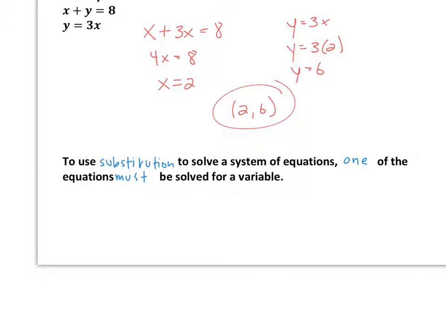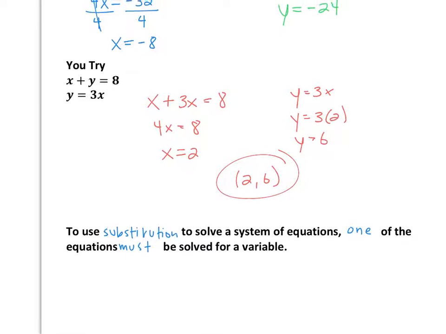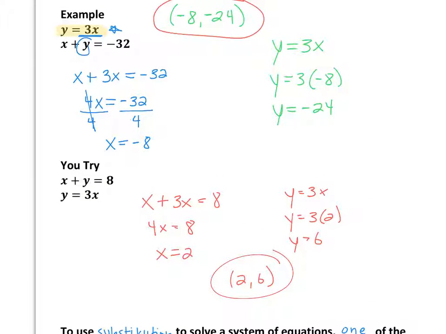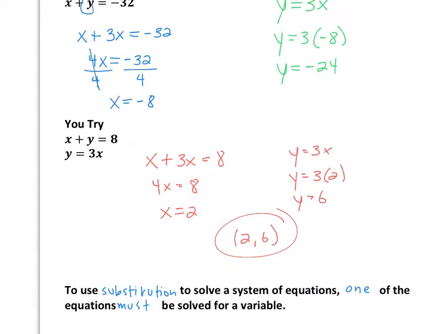So it must be solved for having only one variable on one side of the equation by itself. And again, each of our first two examples were already like that because we had y equals 3x in both examples there. So those were already solved for one variable.